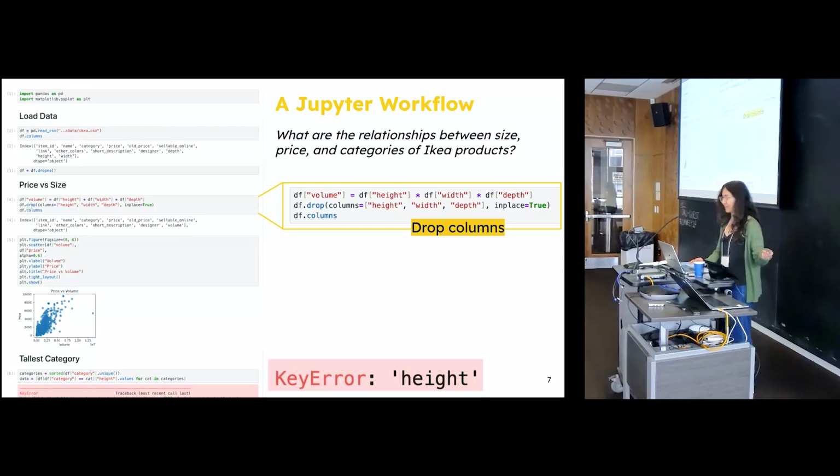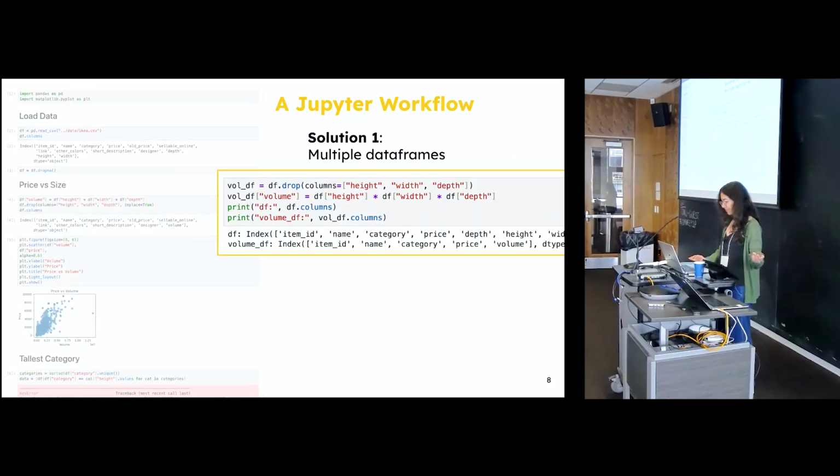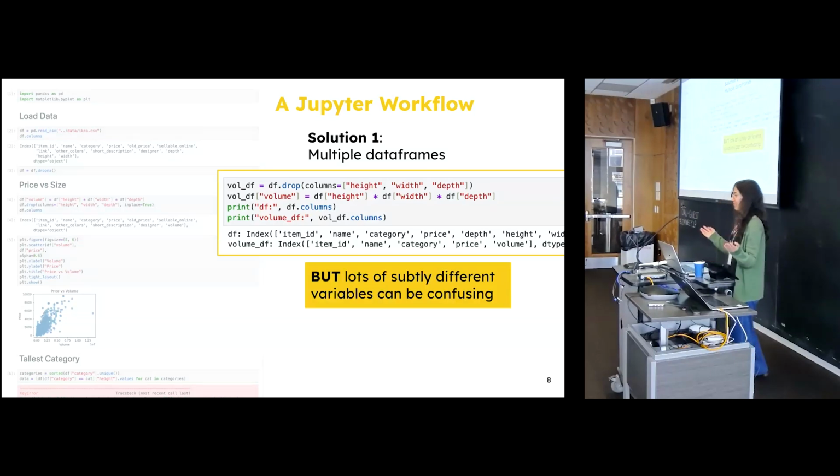Then what can I do to reconcile these 2 things? Well, the first option is I could avoid mutating the original data frame and instead have multiple data frames. And while this is okay if I'm just managing a few variables, as the number of variables grows, this can be really challenging to manage.